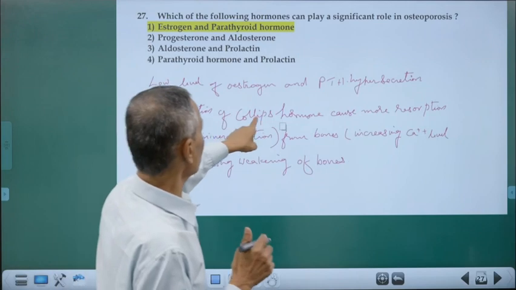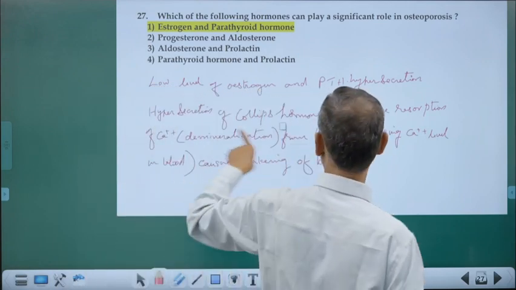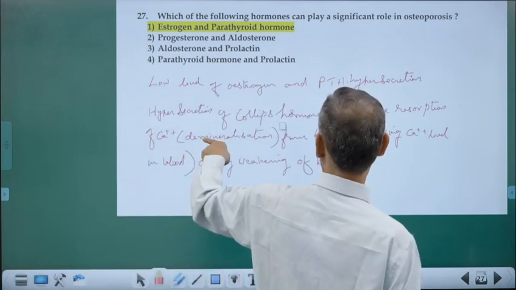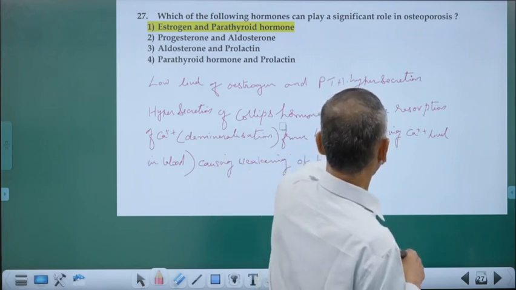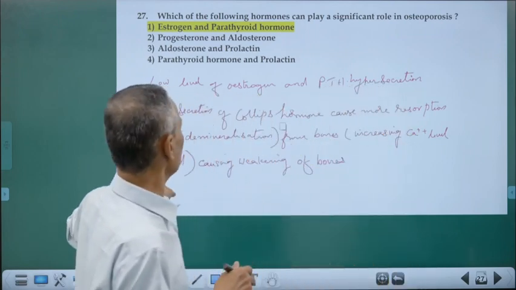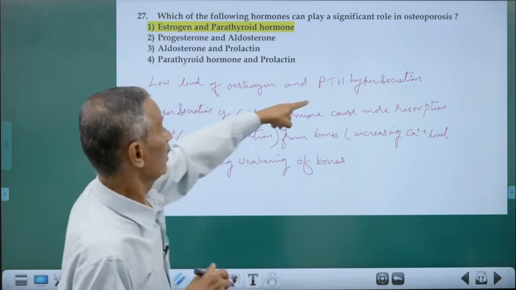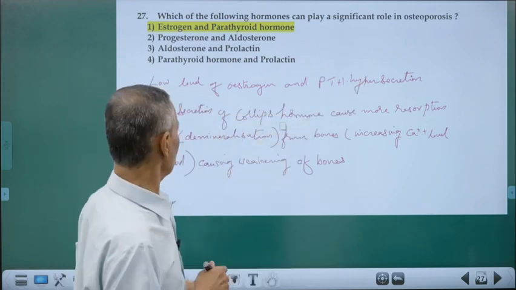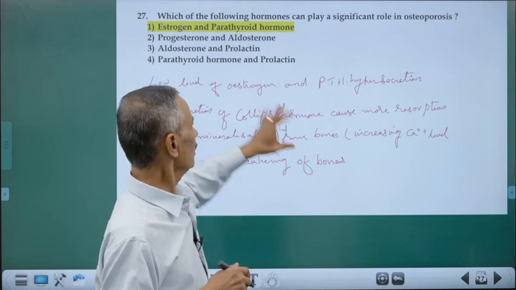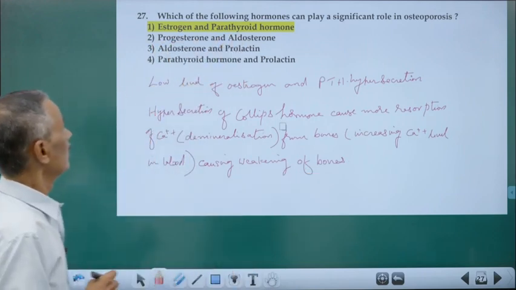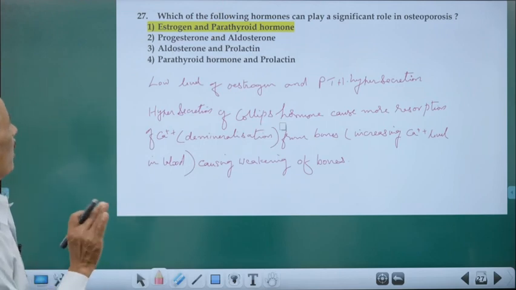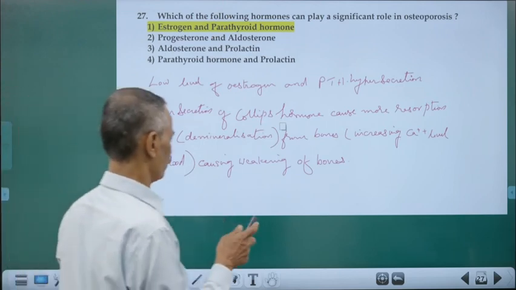Hypersecretion causes more resorption of calcium, demineralization from bones, increasing the calcium level in blood. I told you, it is hypercalcemic in nature, causing weakening of the bones. That is why estrogen and parathyroid are playing a role. Progesterone and aldosterone have no role in calcium metabolism.